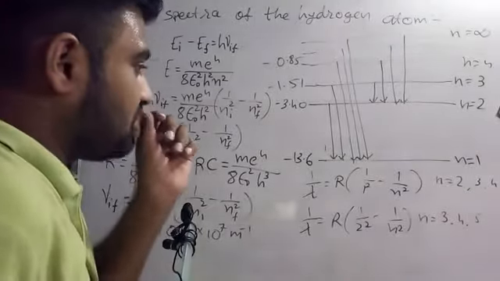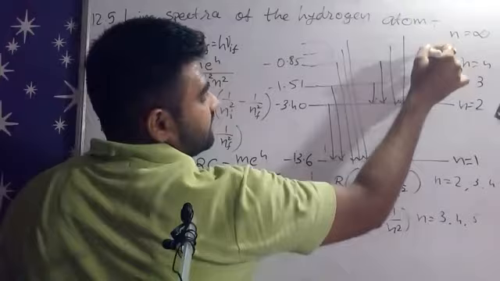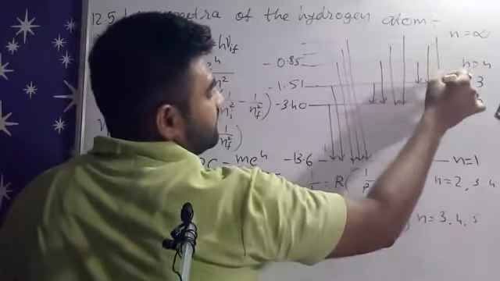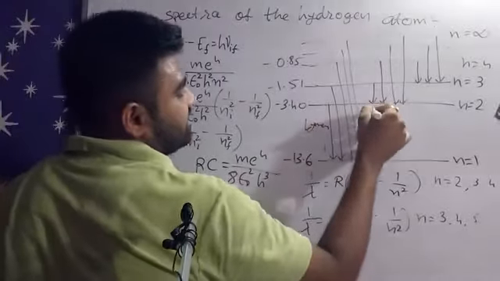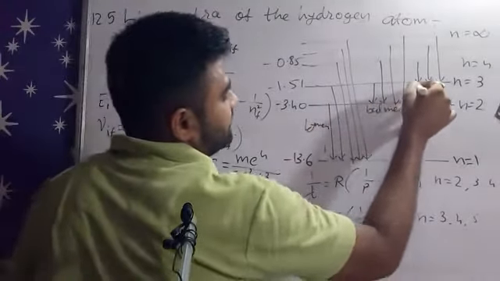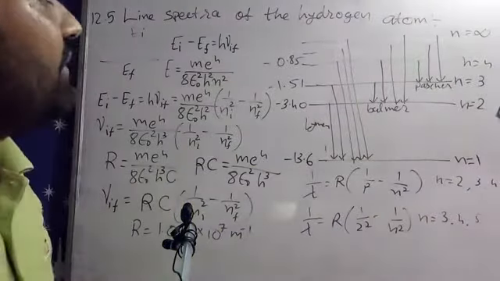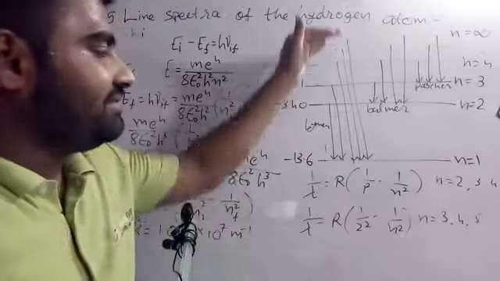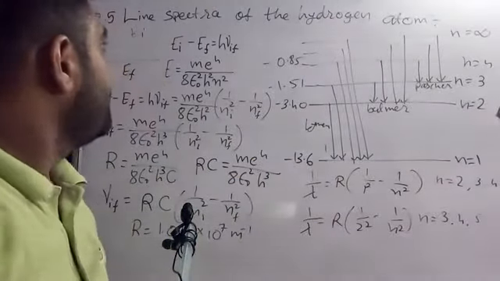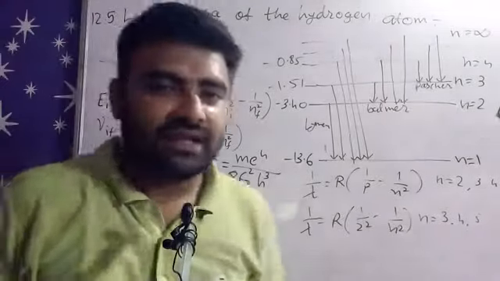Similarly for Paschen, we have 4 to 3, and so on. This is Lyman, this is Balmer, this is Paschen, then Brackett and Pfund. This is how we can form different series in these energy levels. So these are the line spectra of the hydrogen atom.